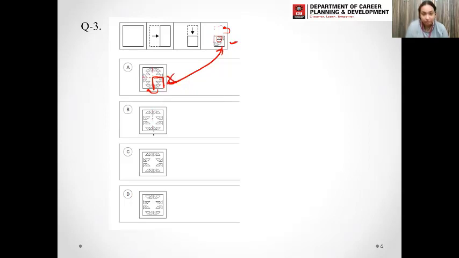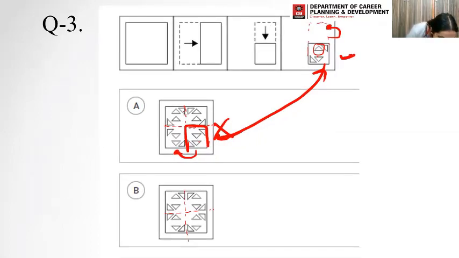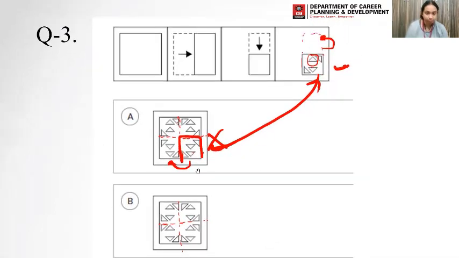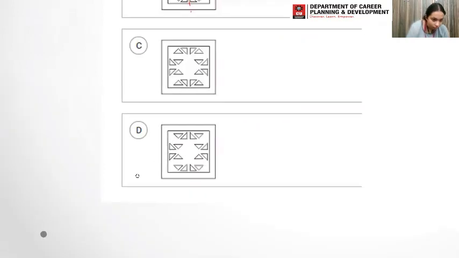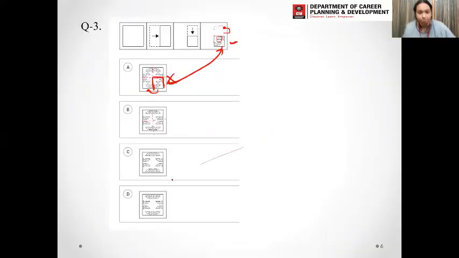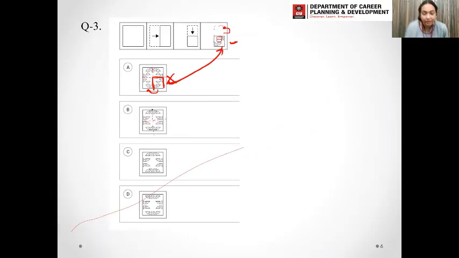And if I check this one, okay, if I check this part, this is the same as drawn in the question.